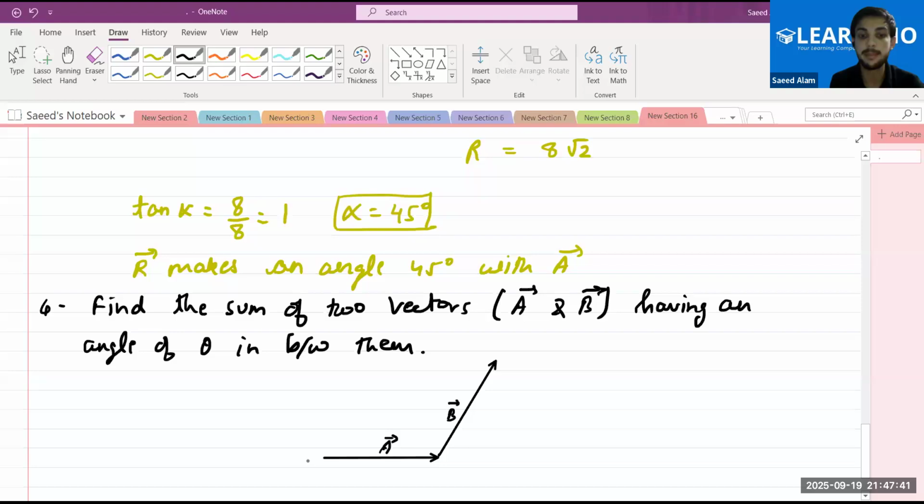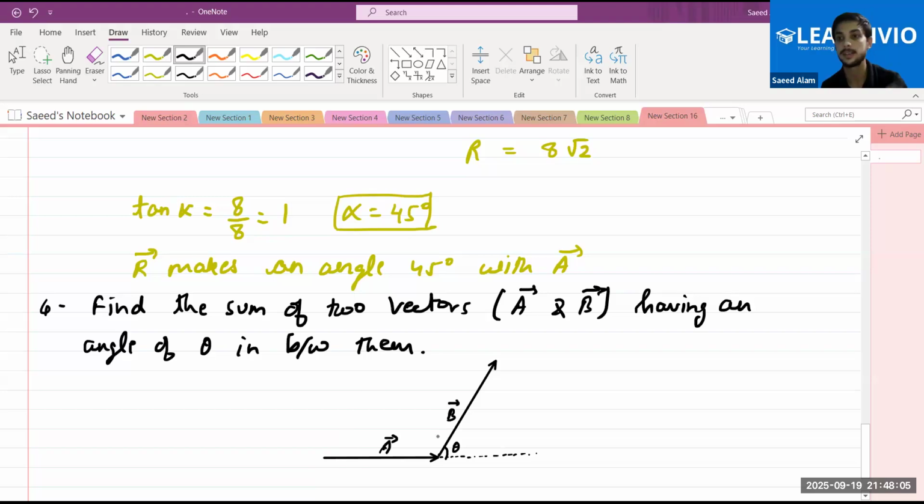If the angle made between A and B is theta, then theta should be specified here. Yes or no? Yes. Because if B is shifted parallelly like here, this will be the theta. Understood? Yes or no? Yes.